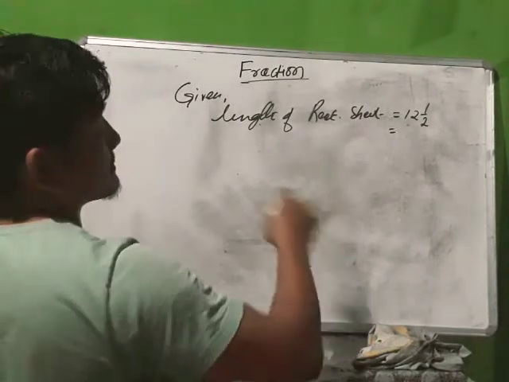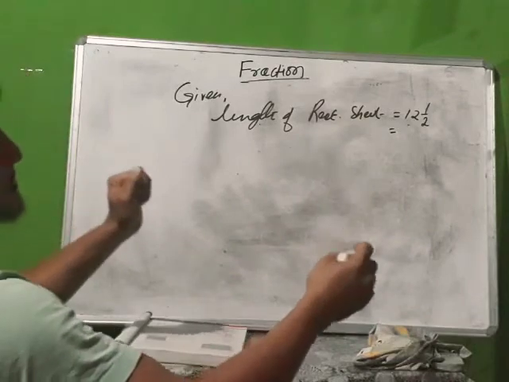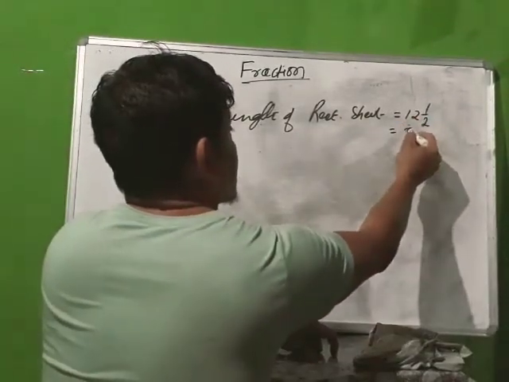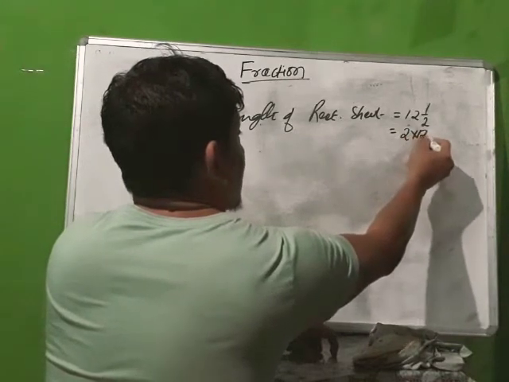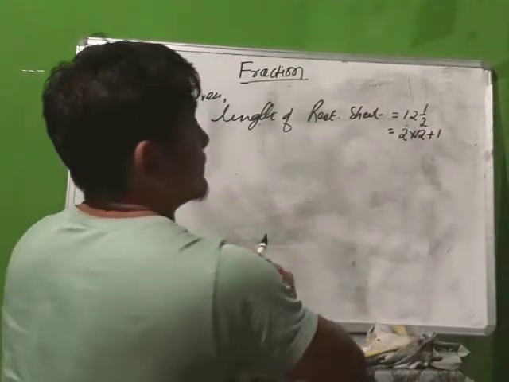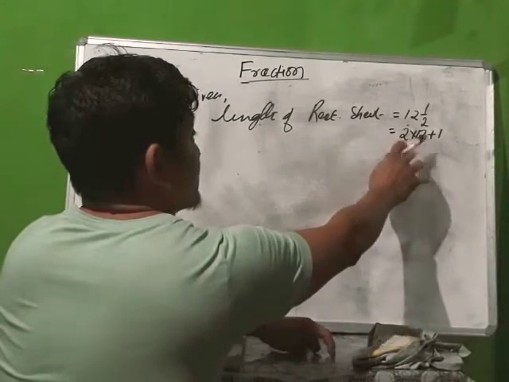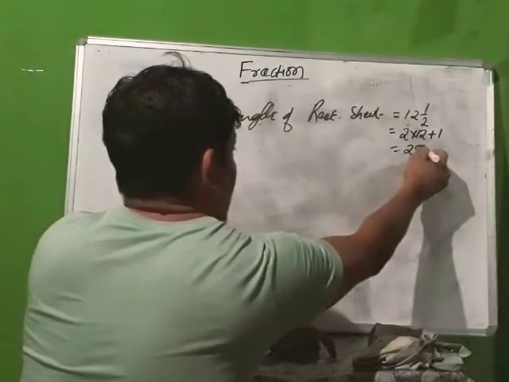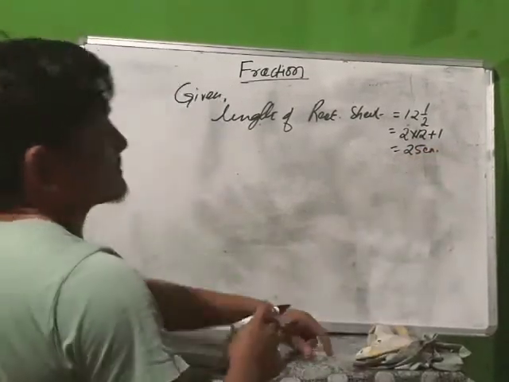For that you just multiply 2 with 12 and add 1. When you multiply 2 with 12 and add 1, you will get 25. So 24 plus 1, 25 over 2 centimeters. So length of the rectangular sheet is 25 by 2 centimeters.